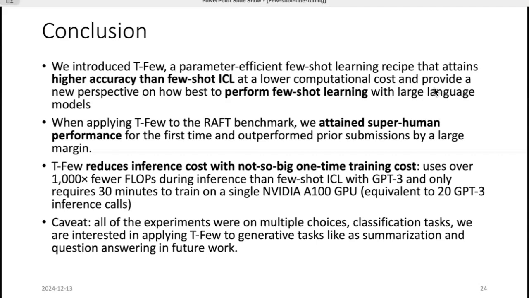It also provides a new perspective on how we can perform few-shot learning with large language models. Especially, it has very good performance on RAFT, the few-shot classification benchmark, and they are able to improve over the human baselines for the first time.